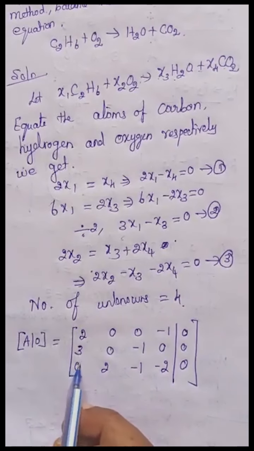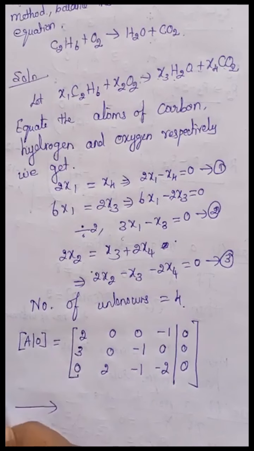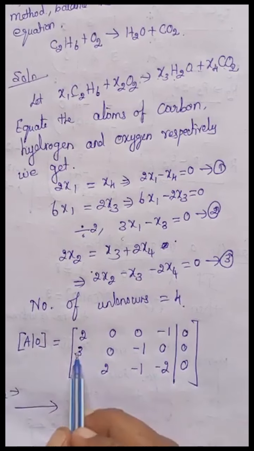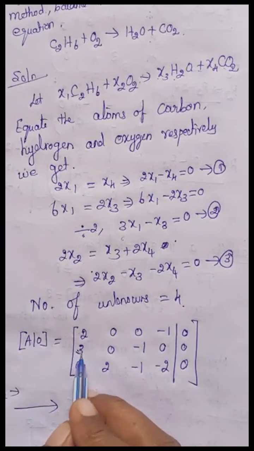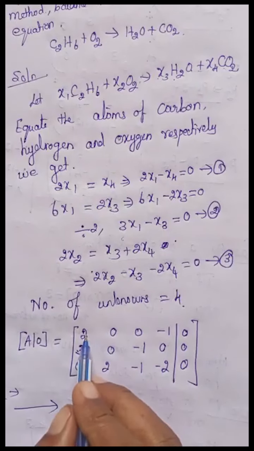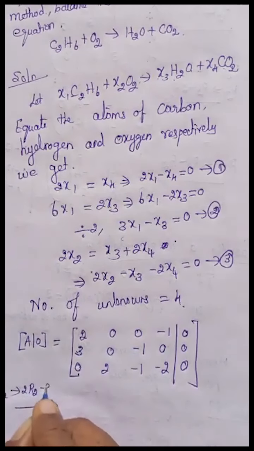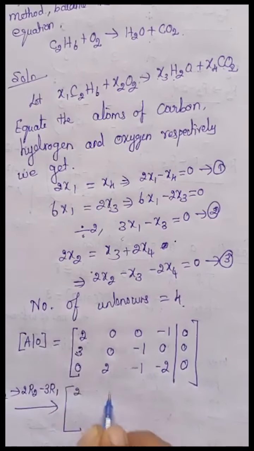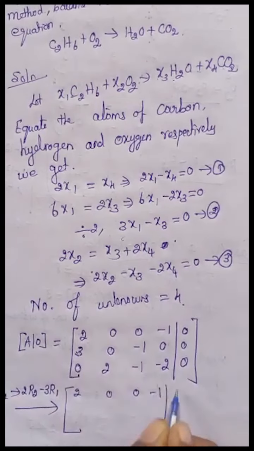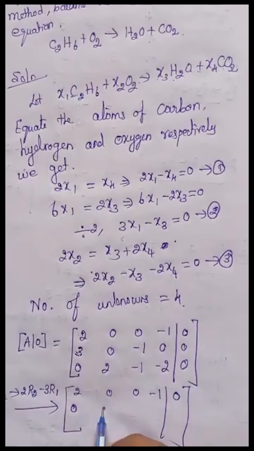In row echelon form to bring it. So I am writing R2 is going to change as both we have to multiply, isn't it? Here we have to multiply by 2 and here we have to multiply by 3. So 2R2 minus 3R1. So 2, 0, 0 minus 1, 0. Here this anyway it will become 0, 0.